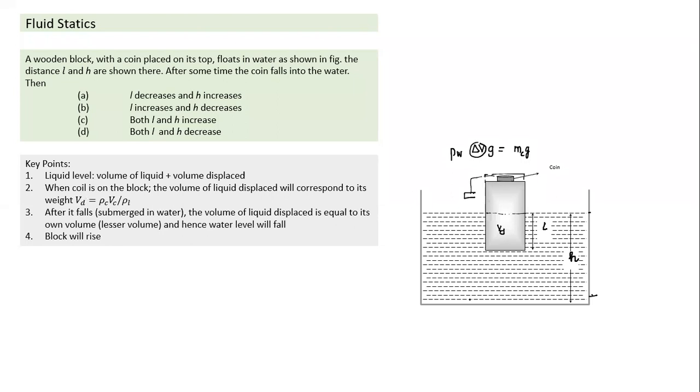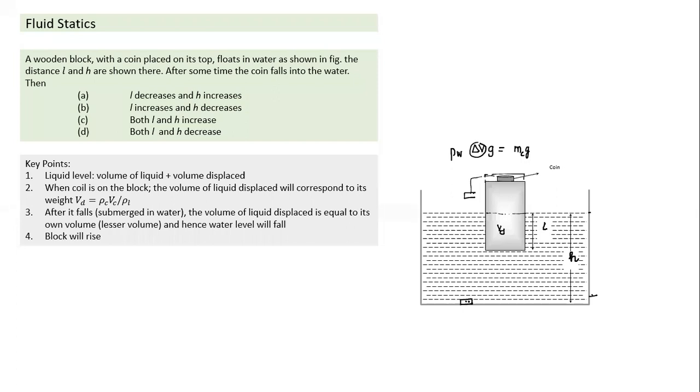But as the coin falls into the water, it will displace a volume equal to its own volume, Vc. Since rho c is greater than rho l, Vd is greater than Vc. When it is floating, it displaces volume Vd. When it submerges, it displaces volume Vc. So the volume displaced becomes smaller.